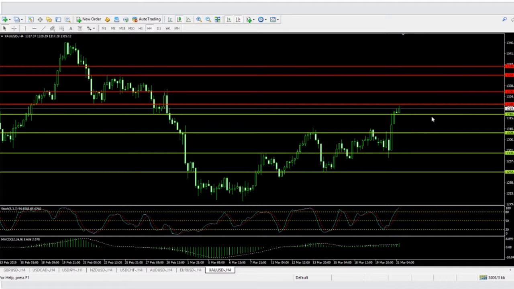As for support, we have our first support at 1316.70, our second support at 1308.90, our third support at 1350, and our fourth support sitting at 1292.70.